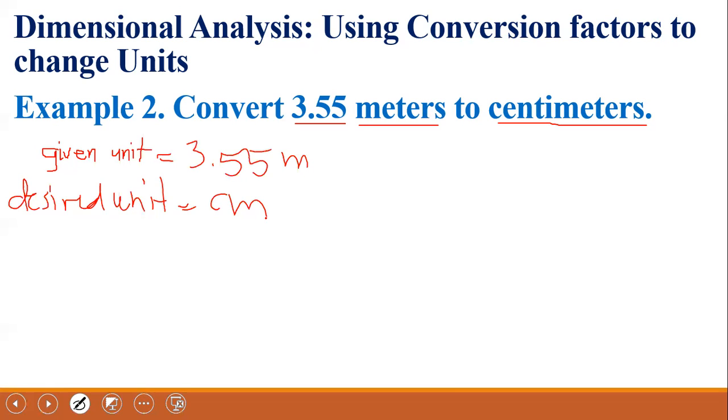So, meters and centimeters can be related by the prefix modifier equality 100 centimeters to 1 meter. Okay? And then next is use the appropriate conversion factor derived from this equality to achieve unit cancellation.